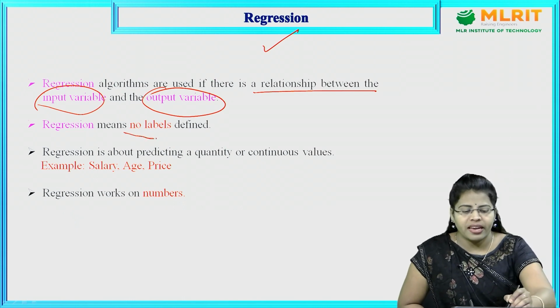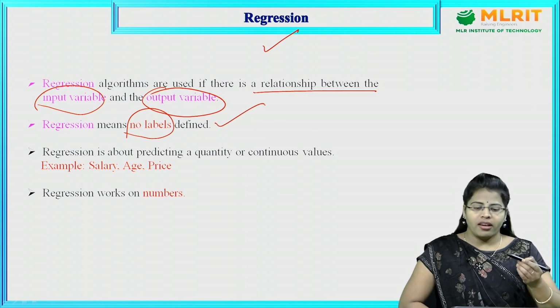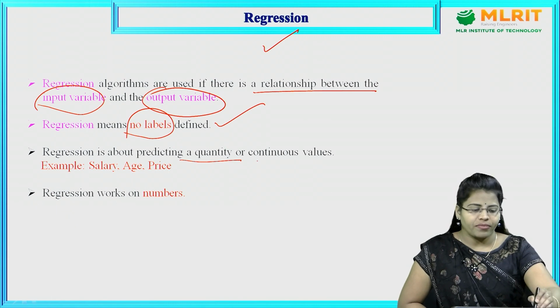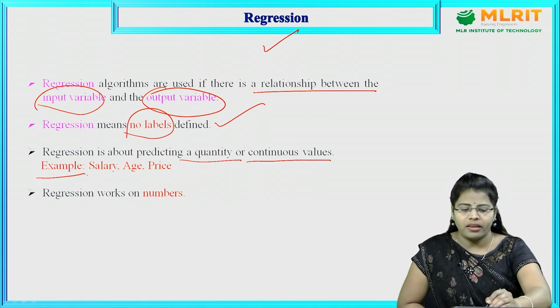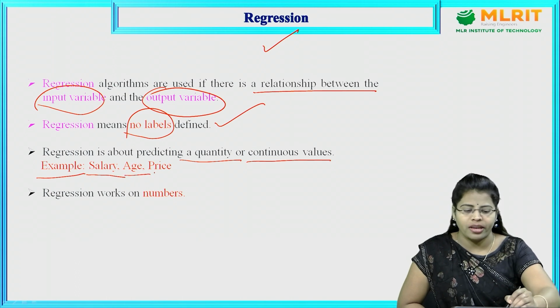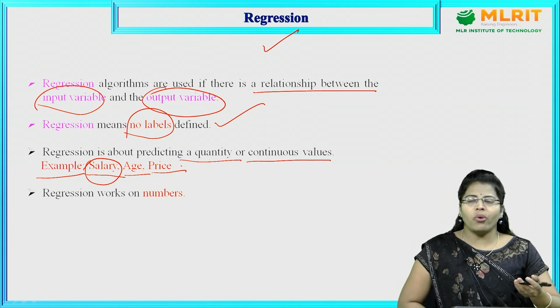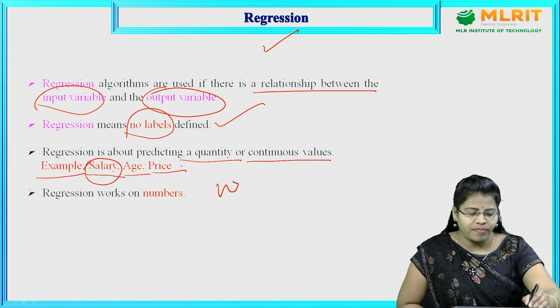Regression means there are no labels defined. Regression is about predicting a quantity or continuous values, for example salary, age, price. Coming to salary, you are going to predict the salary of a person based on his work experience.